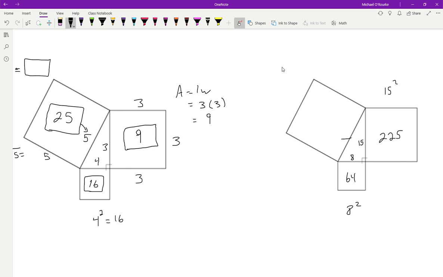To get this number, we took 225 plus 64. Is 289. Then we took the square root of 289 to get the 17. Good.